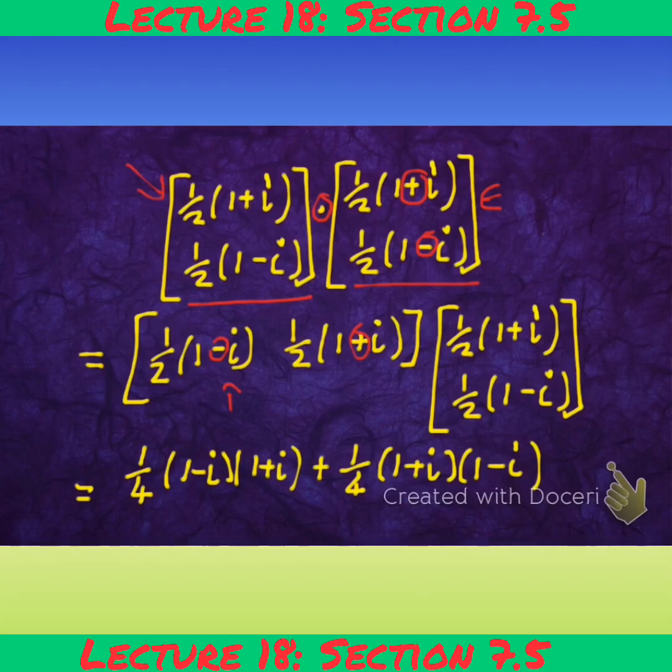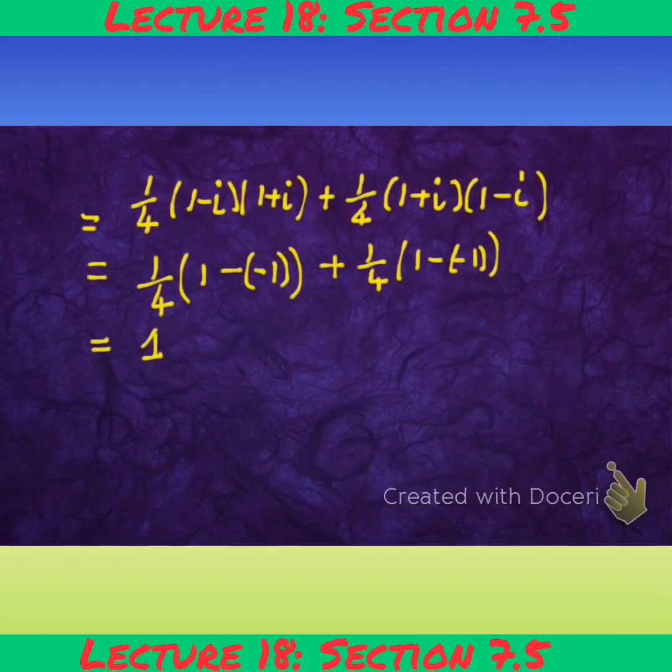Multiplying that out, we get that term plus that term there. Simplifying, we obtain 1. So the first column dotted with the first column is 1, which implies that the norm of C1 squared is 1, which implies that the norm of C1 is in fact 1. Okay, so the first column is a unit vector.